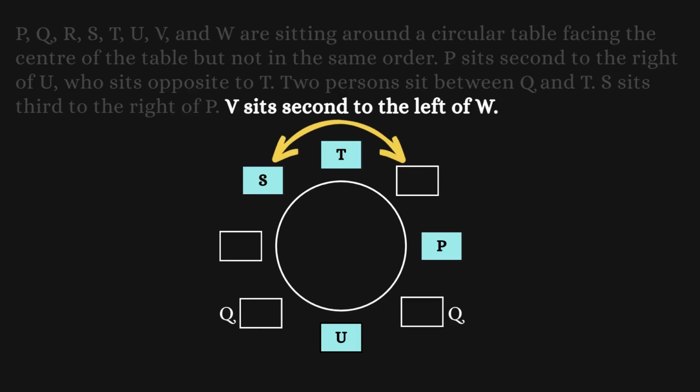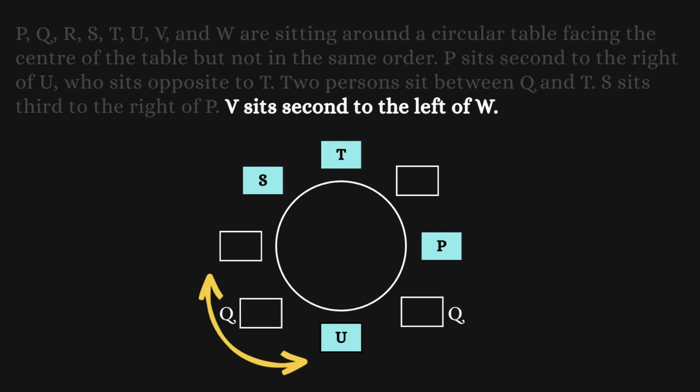This will not be possible because one of the seats is taken by S. Here, one of them is taken by T. In this combination, S has already taken a seat. In this one, U has already taken the seat.